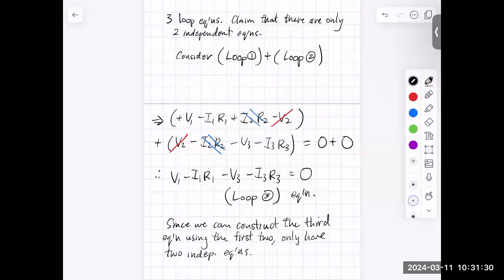Now, what we did is we used the first two to make the third. We could have done anything. We could have taken the first one and the third one to construct the second one, or taken the second and the third to make the first one. It doesn't matter however you do it, you're always going to come to the conclusion that there are two independent equations which can always be used to make the third one.